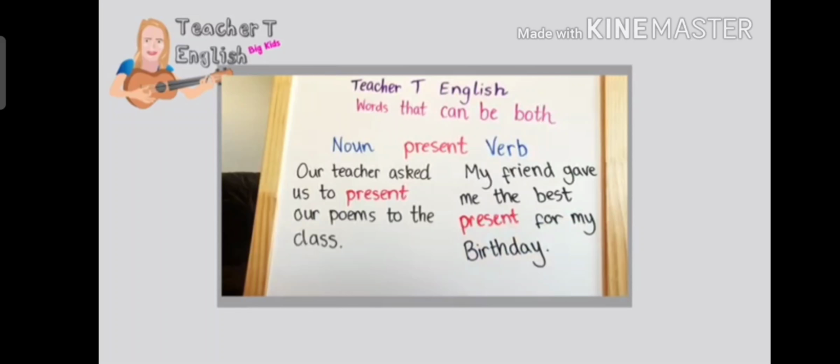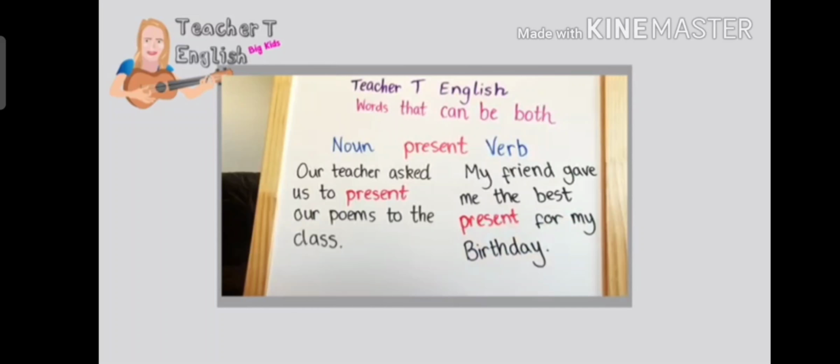And in verb it is very easy, as I explained earlier. It's very easy in verb, as it is an action word. An action word we can very easily put into a sentence. Our teacher asked us to present our poems to the class. So this is how we usually use the action word present in a sentence, and we prepare a verbal sentence.